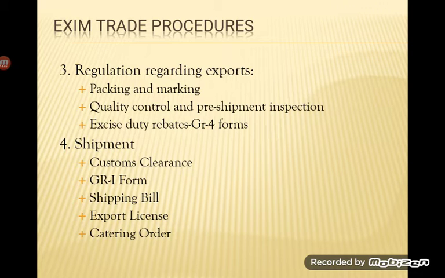Before the goods are exported, before they get the time slot or the date for exporting, they need to verify all the documents, starting from the invoice, GR1 form, ER forms, then export license, letter of credit, certificate of inspection, forms of declaration, shipping bill copy, then quality control inspection certificate if it is required, or if it is not necessary they may not ask, and packing list, letter of registration certificate.